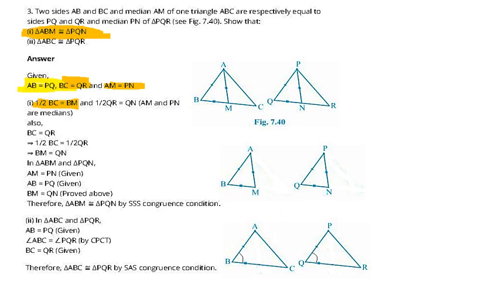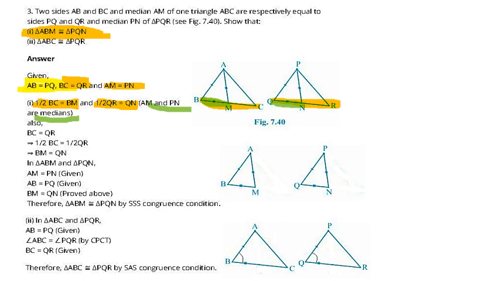This is the side BC and its half is BM, this much. And similarly I have written down that half of QR is QN. This is side QR and its half is QN because of the midpoint. Understood up to this point? I wrote down AM and PN are medians. That's why that half is this much.